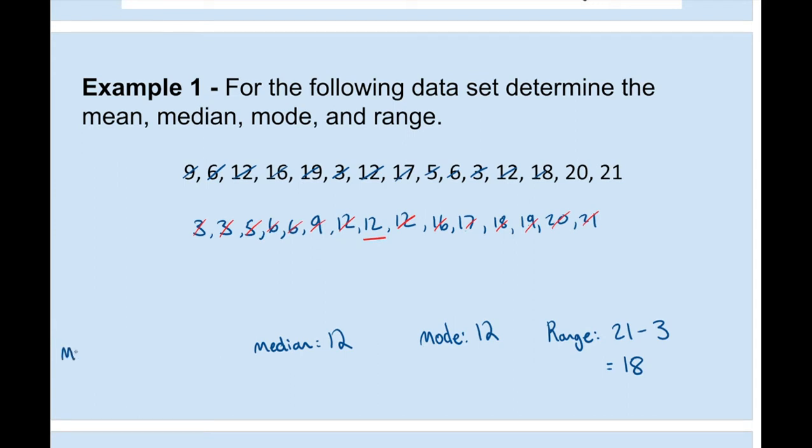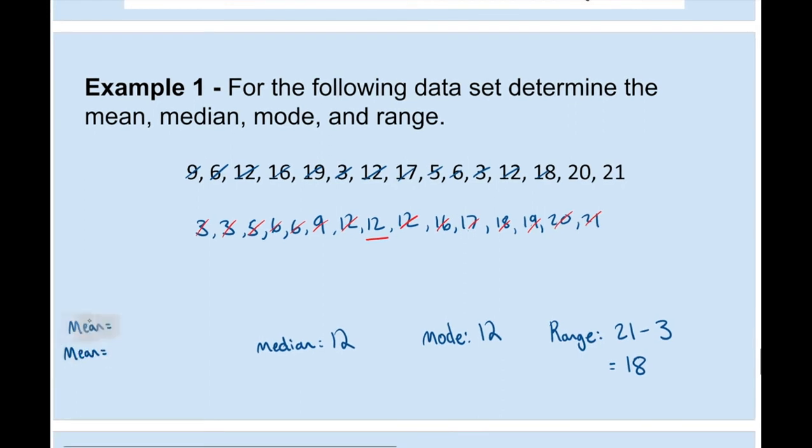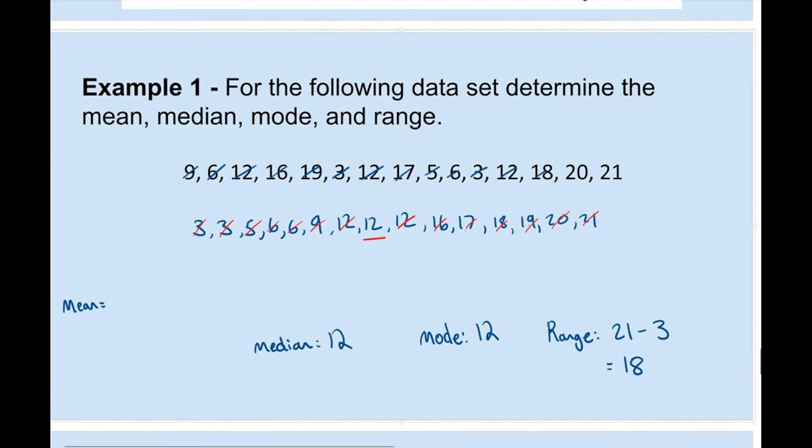Lastly, to calculate the mean, or the average, I'm just going to move this up a little bit because we have a bit more of a calculation there. We have to add up all of these values. So 3 plus 3 plus 5 plus 6 plus 6 plus 9 plus 12 plus 12 plus 12 plus 16 plus 17 plus 18 plus 19 plus 20 plus 21.